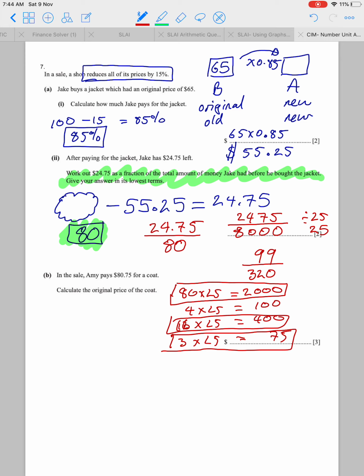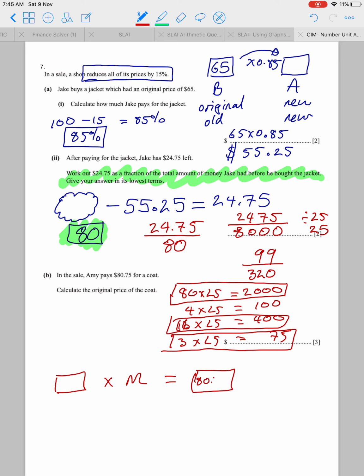And so the final part I think was the hardest. Just take a moment to read it again. In the sale, Amy pays £80.75 for the coat. So can you see that old times multiplier equals new?